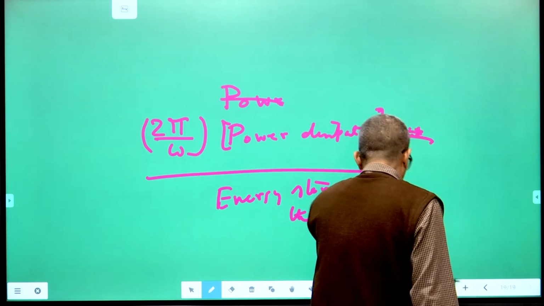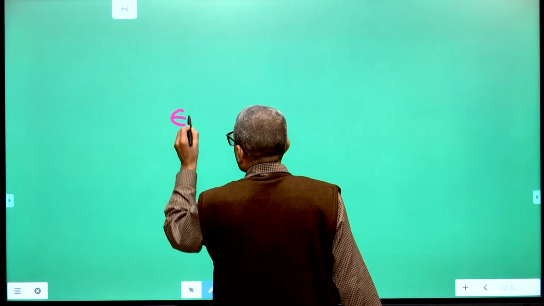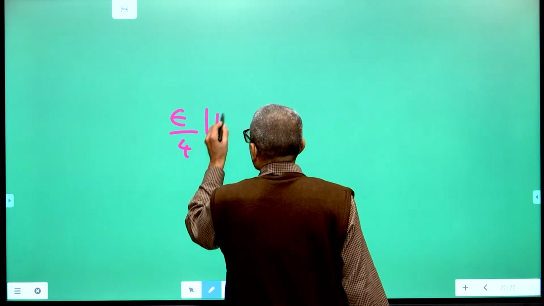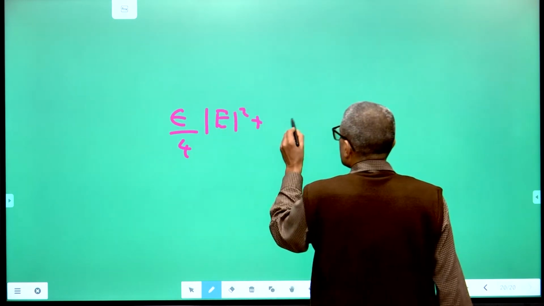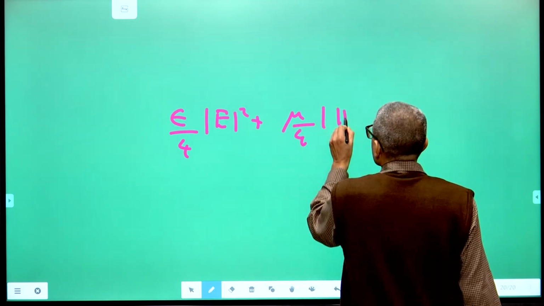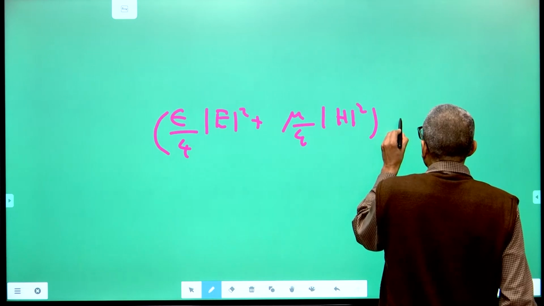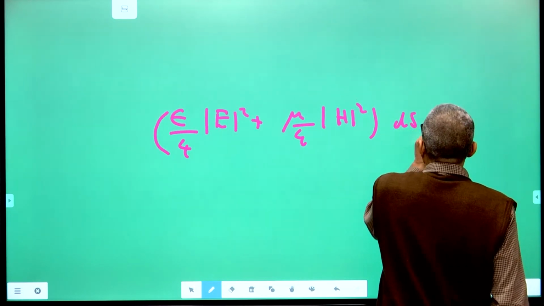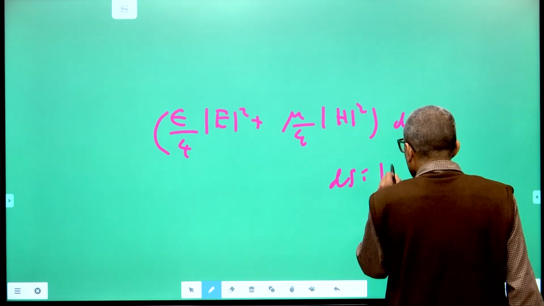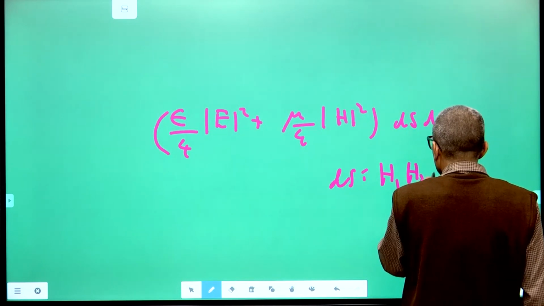Energy stored within the cavity can be computed very simply. It is simply equal to epsilon by 4 times mod E square plus mu by 4 times mod H square, and then you put ds dz, where ds is h1 h2 dq1 dq2.